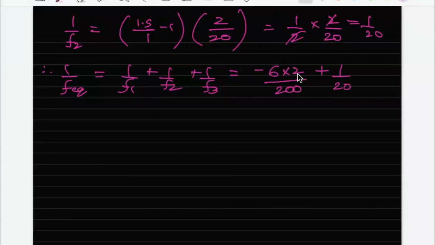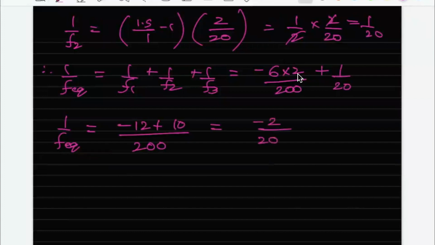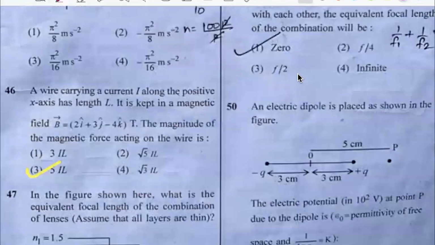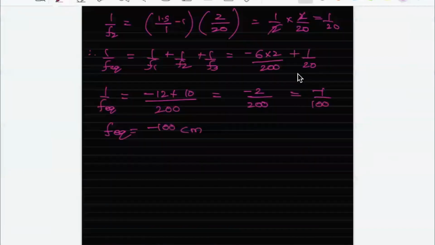So 1 upon F equivalent, the LCM is 200: minus 12 plus 20 into 10. So I have minus 2 by 200, or minus 1 by 100, so F equivalent is minus 100 centimeters. Is that an option anywhere? Yes. Okay, 48.